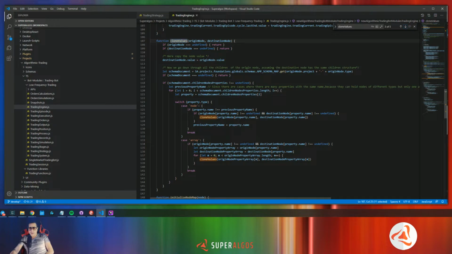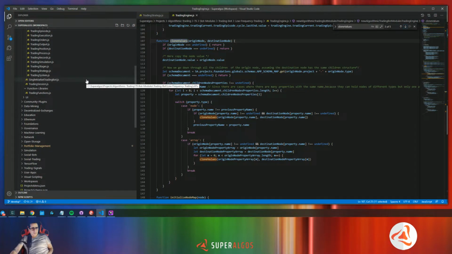So the destination node has the same children structure, which it does. Essentially it's copying the values of the origin node into the destination node. Then it gets the schema, and if it has a schema, then it goes through the children and navigates into itself, going through all the children, copying the value property.